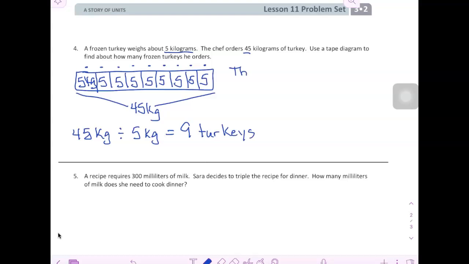So the chef ordered about 9 turkeys. I put that word about in there because they used it in the problem.